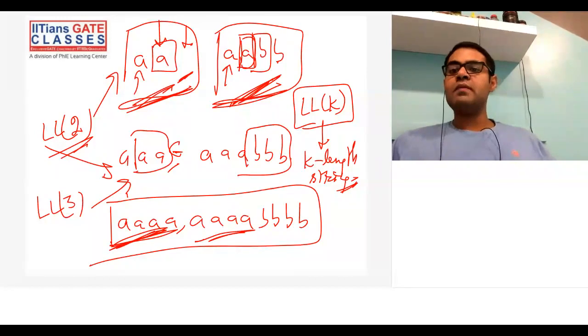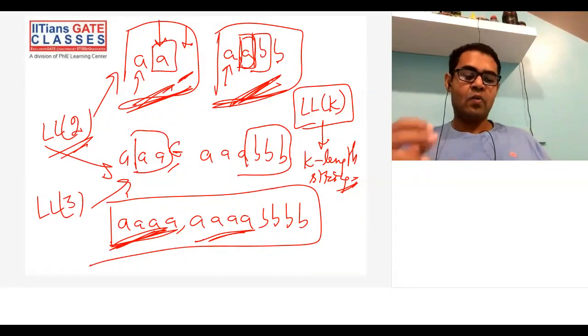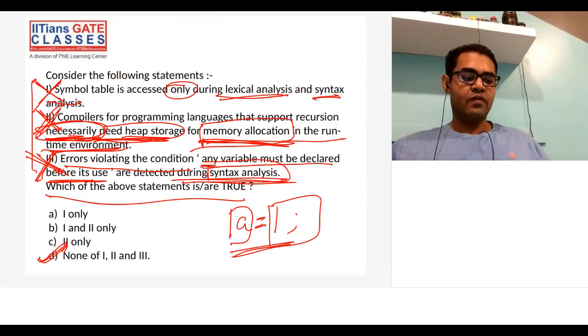It will not be able to differentiate between these two, and hence an LLK parser will not be able to recognize this language, or basically parse this language.